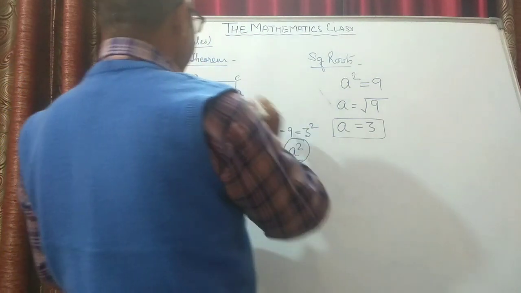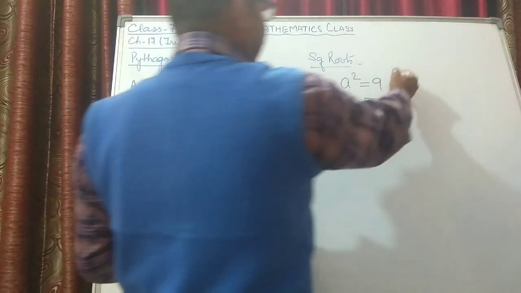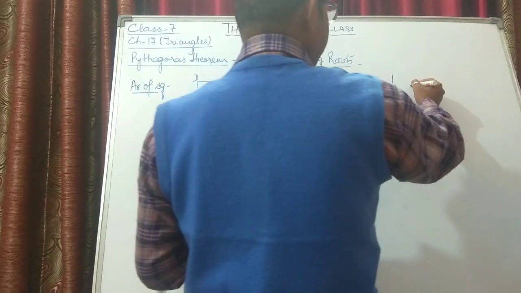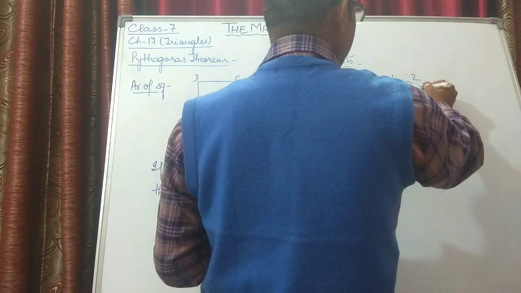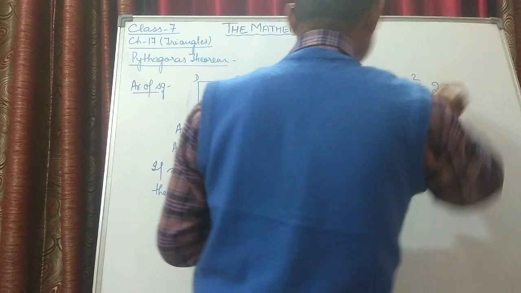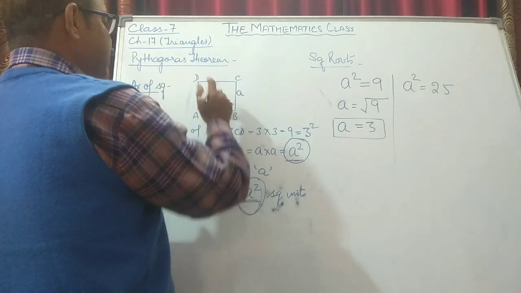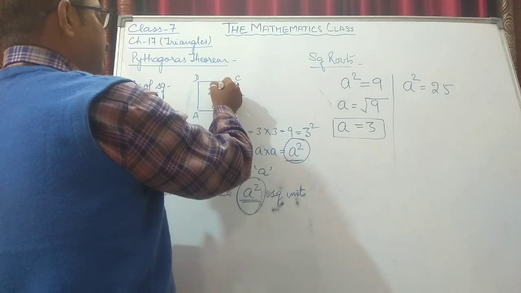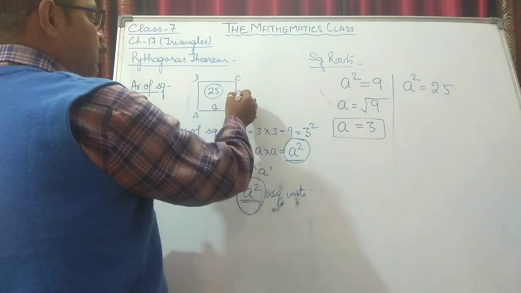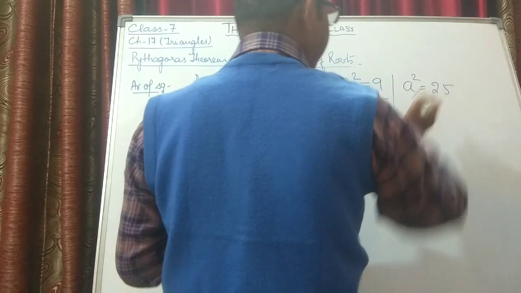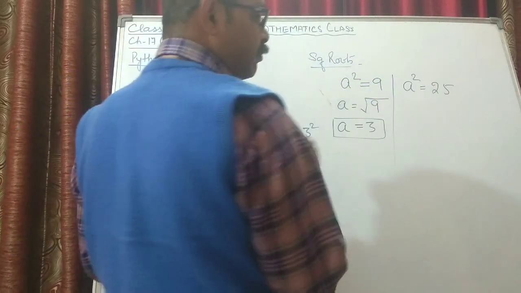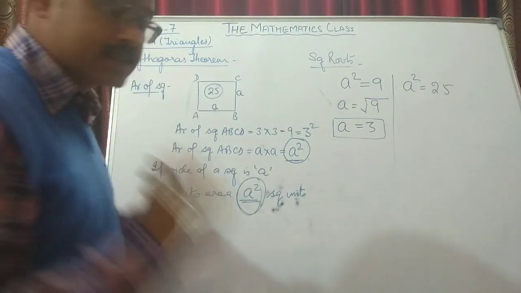Similarly, let us say that A square is equal to 25. Suppose this is a square whose area is 25. It means A into A, that is A square, is equal to 25. So what will be the value of A, or the value of its side?